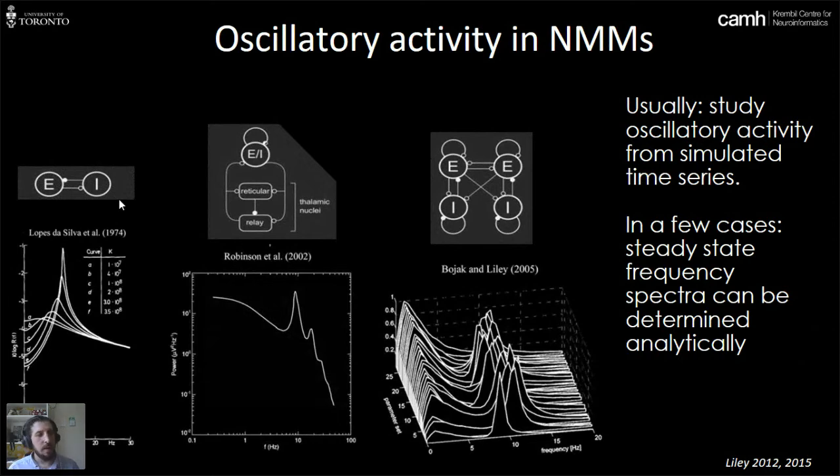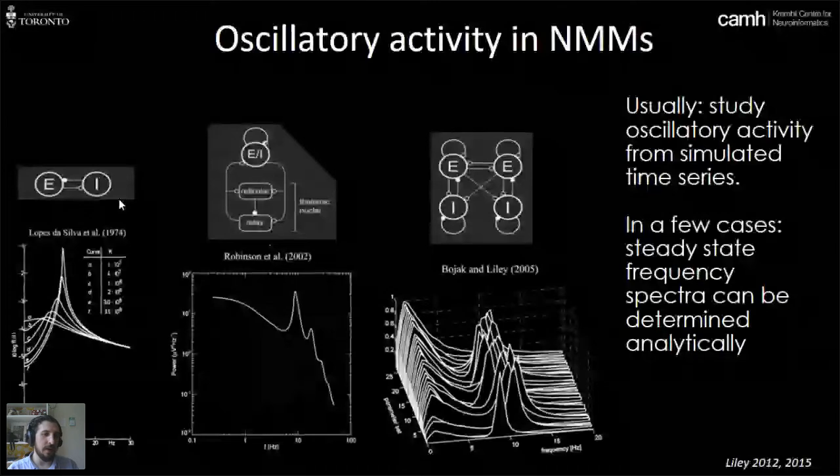And we set a few other conditions. We need to linearize the system, and then we need to be able to come up with an expression for what's called the transfer function. When we have the transfer function, we can get what's called an analytic power spectrum.